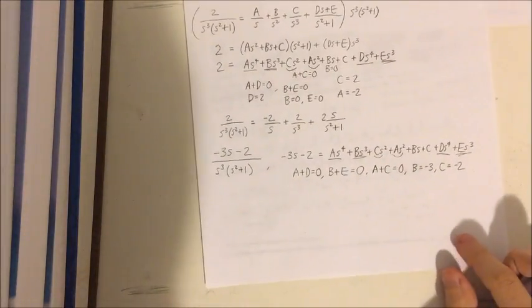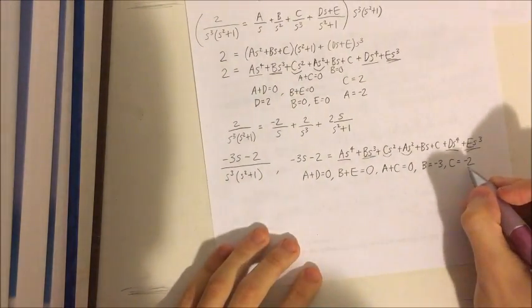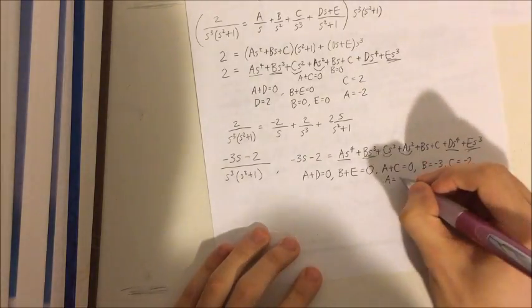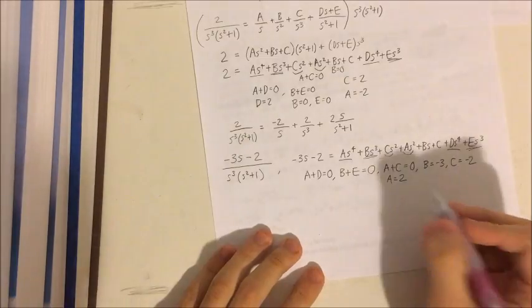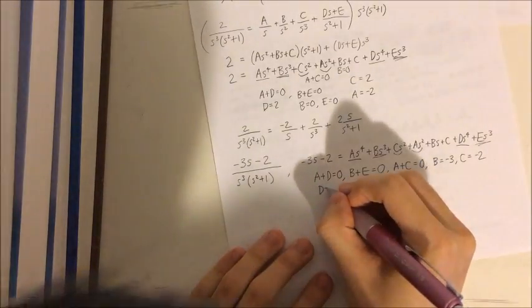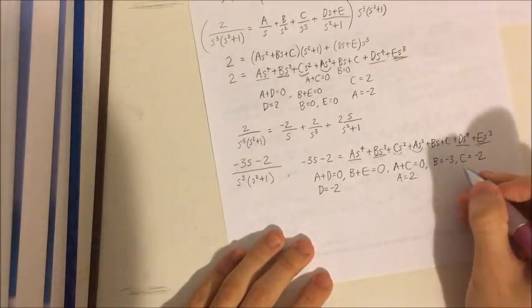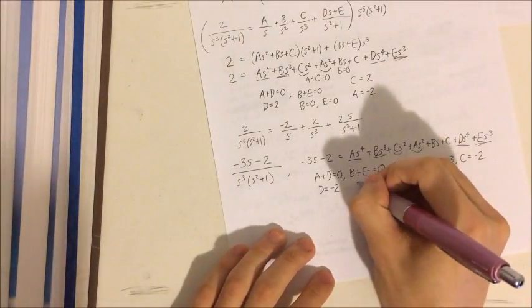Okay, so we have stuff to work with. C equals negative 2 gives us a equal to 2. A equals 2 gives us d equals negative 2. B equals negative 3 gives us e equals 3.